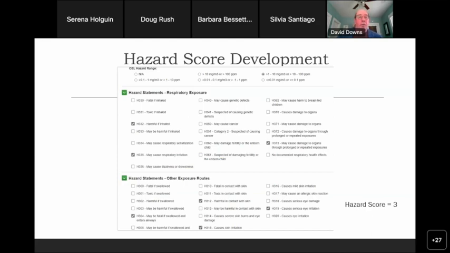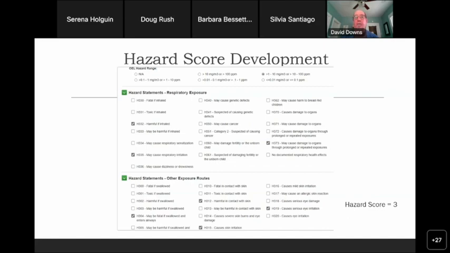If it goes to H331, toxic if inhaled, then it would get a hazard score of 4, and all the way to harmful if inhaled. So you can see that based on the selections of the hazard statements that are applicable to the material, that's one way to classify the material.